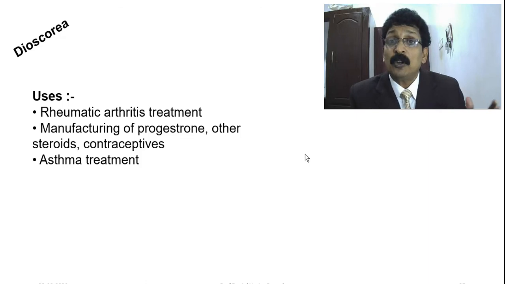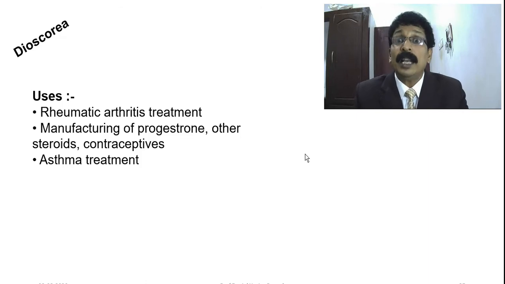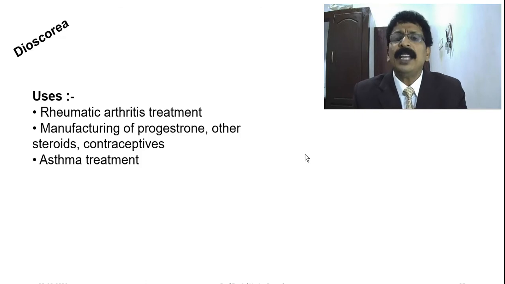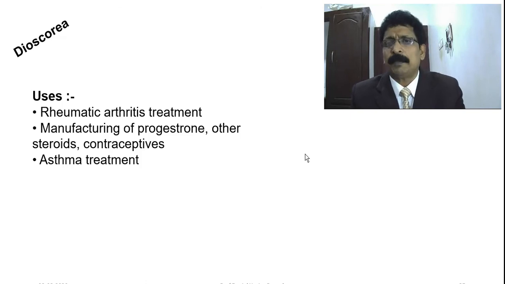Other steroidal groups can also be manufactured from this natural compound, and it is used for contraceptives. Other contraceptives are also prepared from this Dioscorea, and it is used even for asthmatic treatment. So it has many uses in our traditional practice, which we have discussed.